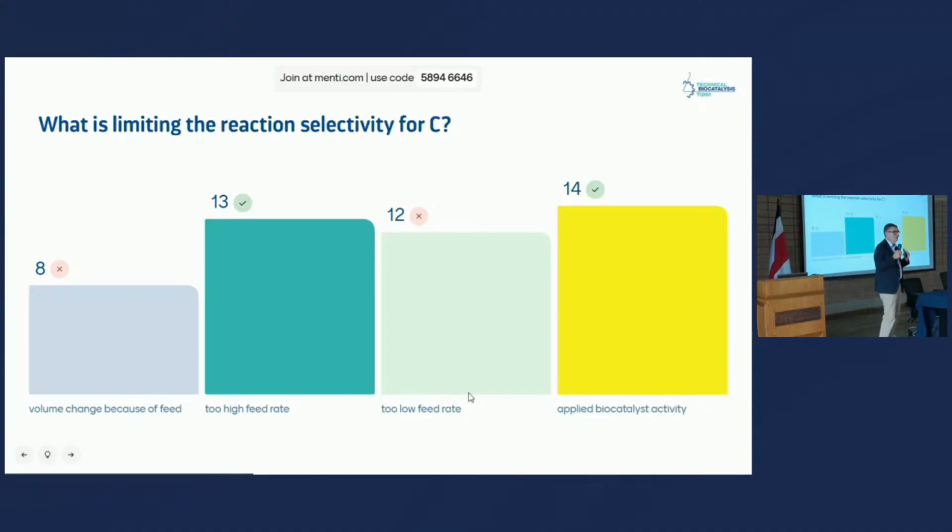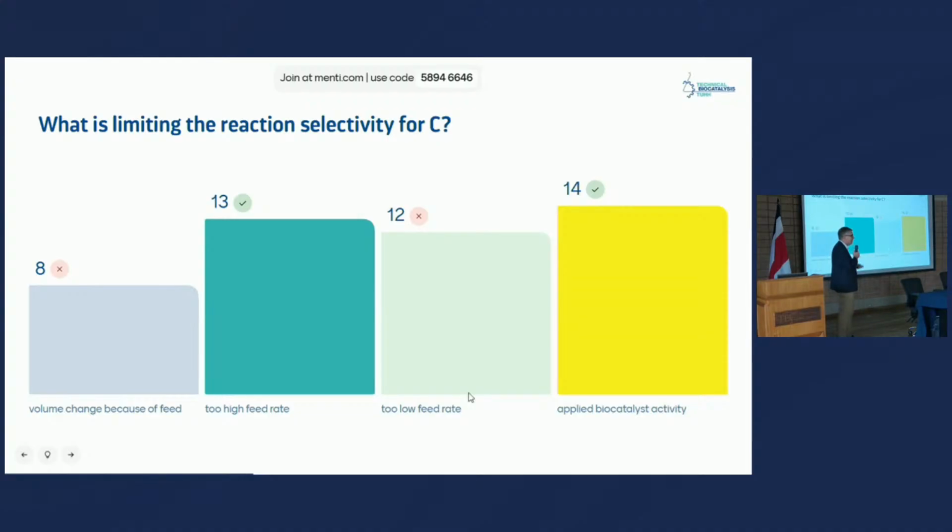If we're adding a feed, we have an increase of water in the volume, but the concentrations will decrease a bit, but the ratio should still, since we have active cells, still be possible to reach. Too low feed rate, if we would be too low, why should we make more C if we're faster? So the rate, the proteins, the cells must be more active, so this could not be the right answer.